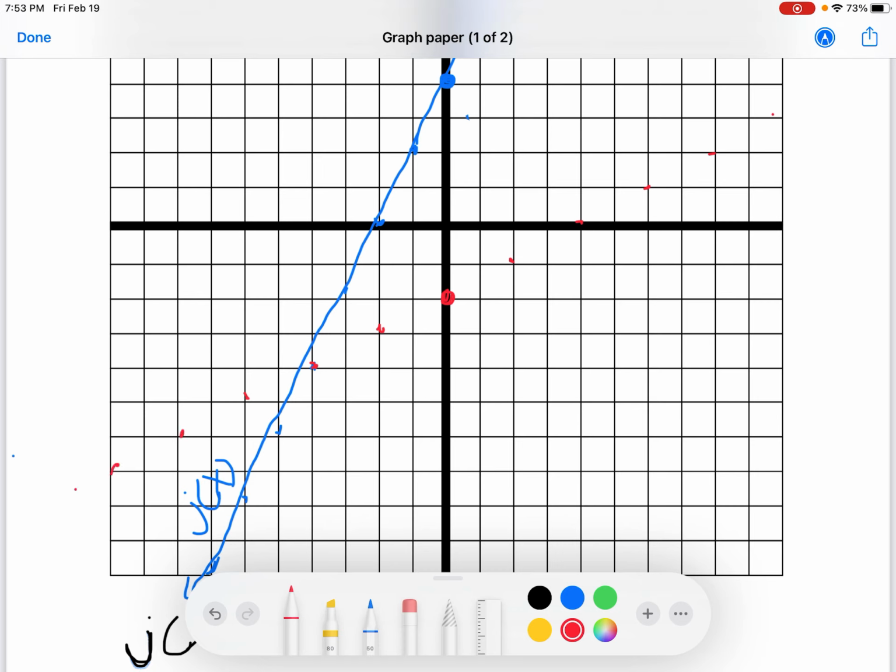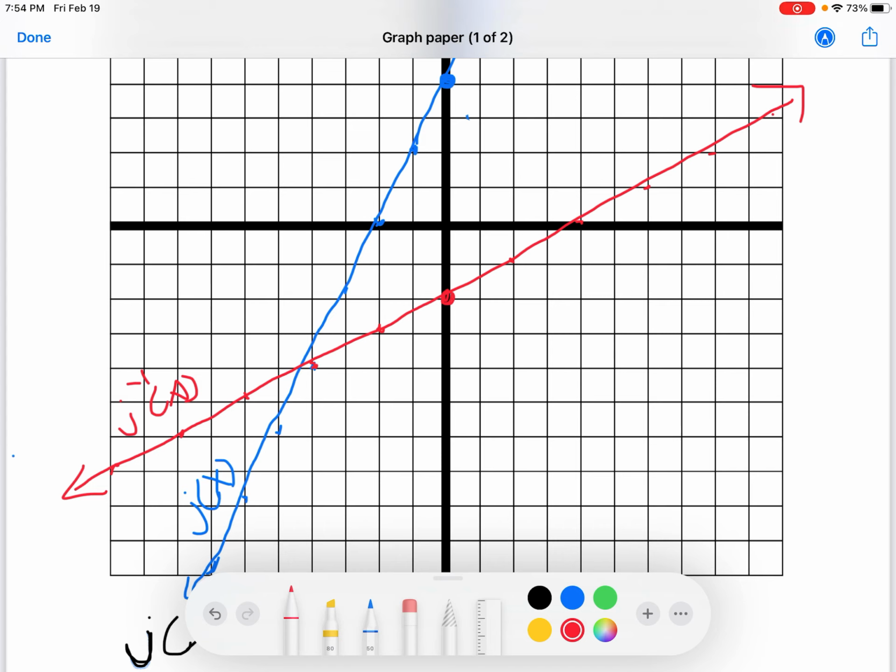Now we draw that out. And that's what inverse j of x is.